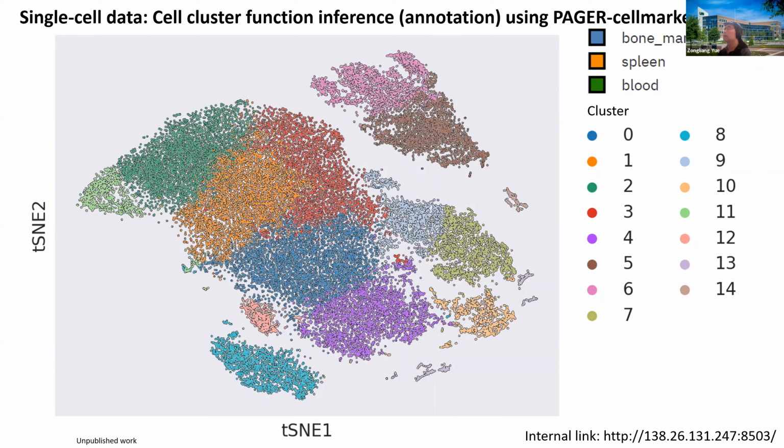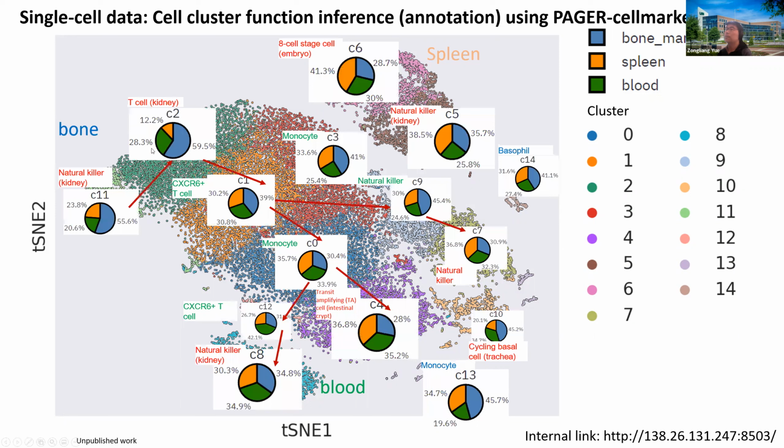Therefore, we can color this by giving the bone marrow, spleen, and blood proportions as a pie chart in the different cell clusters we identified in this case study. We can generally see the trend of this trajectory and see how this cell cluster is derived.